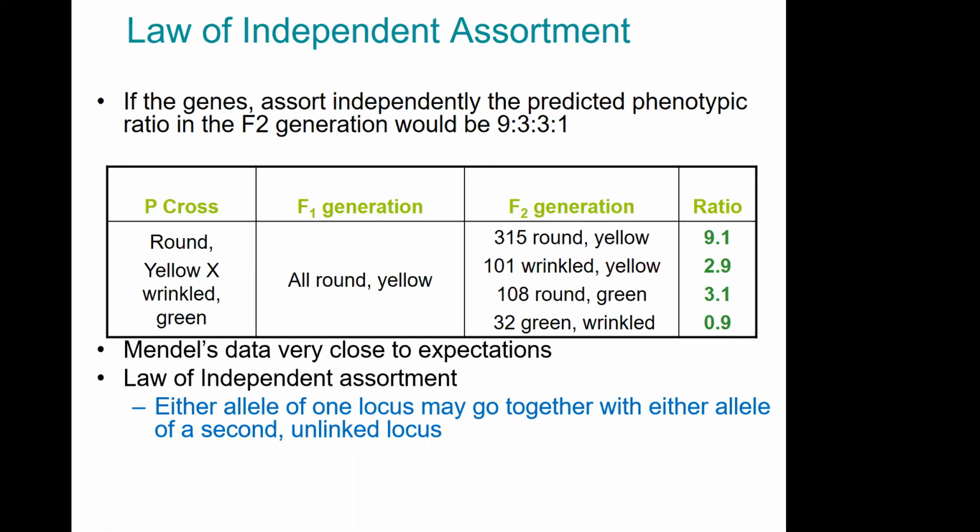When independent assortment isn't being followed, because the genes happen to be on the same chromosome, you can see it immediately in that ratio.